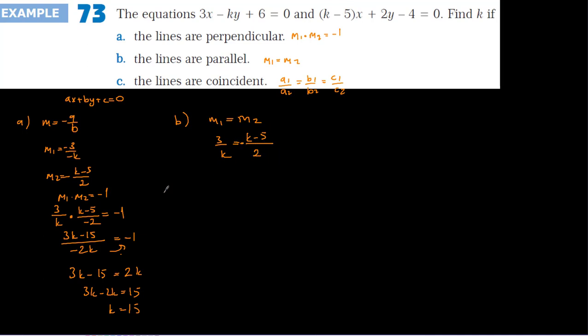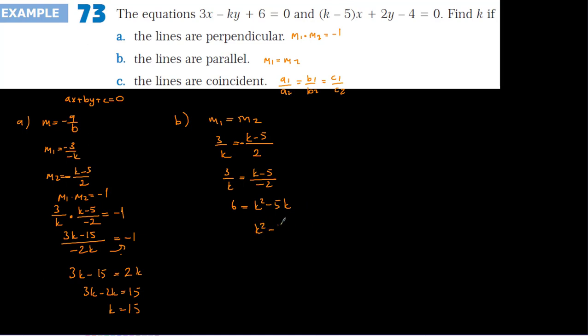Here minus K minus 5 over 2. Here I think it should be notated clearly. Then this is 3 over K is equal to K minus 5 over minus 2. It should be, here we are going to say minus 6 is equal to K squared minus 5K.